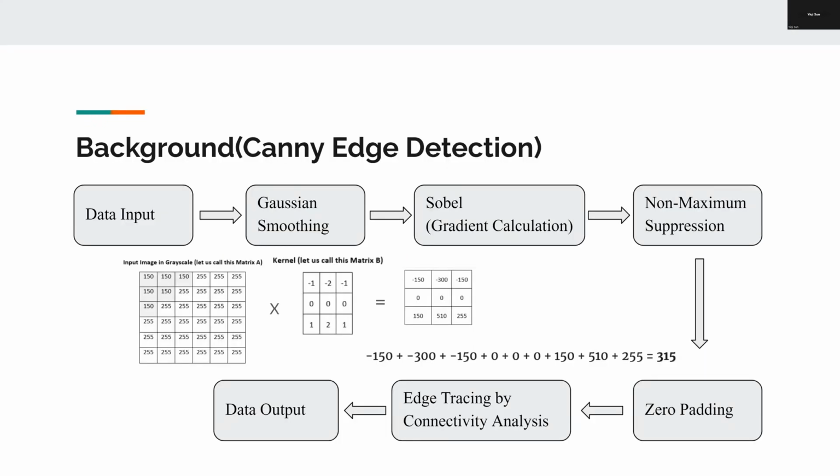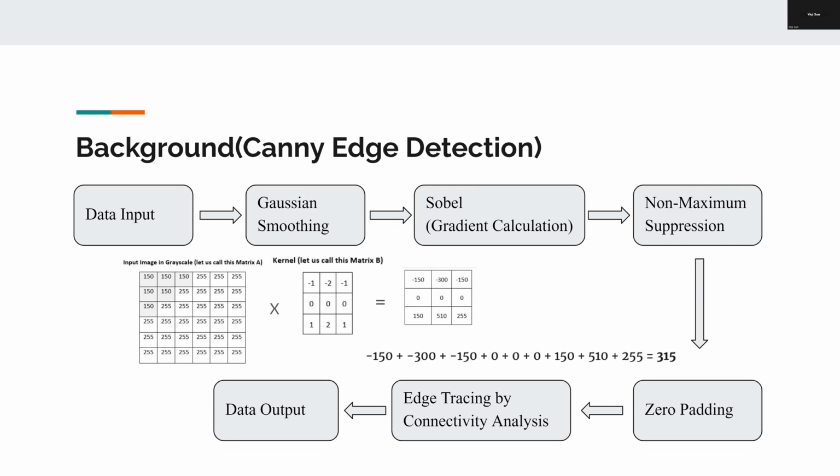So here is some background information on our algorithm. Firstly, we have data input as the source file to feed into the Canny edge detection algorithm. In the algorithm, the first step is Gaussian smoothing, which blurs the image, and then we use the Sobel operators to detect the edges.